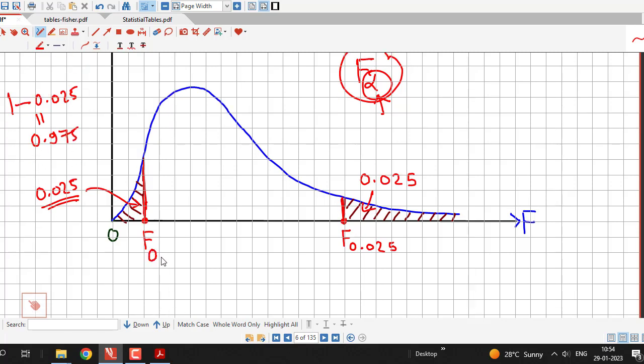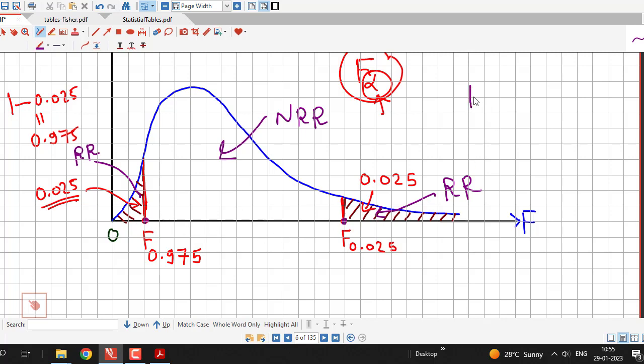So I denote this by F.975, and these two are rejection regions. These two points are critical values of the F distribution, the area to the right of the upper point is a rejection region, the area to the left of the lower point is a rejection region, and in between we have the non-rejection region. Now we should decide the values of these two critical points using the F distribution table.